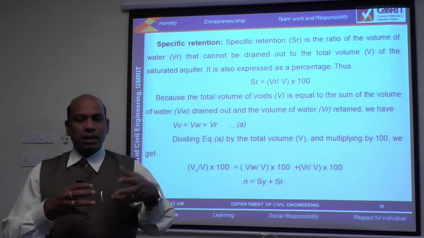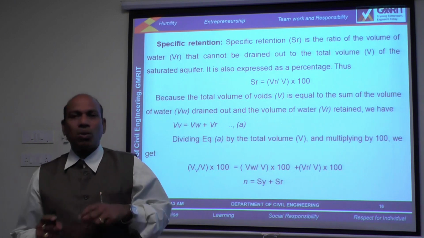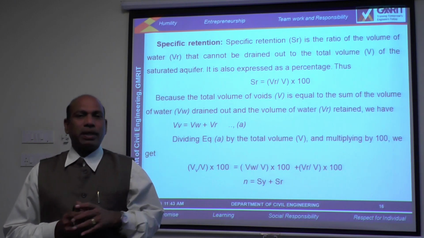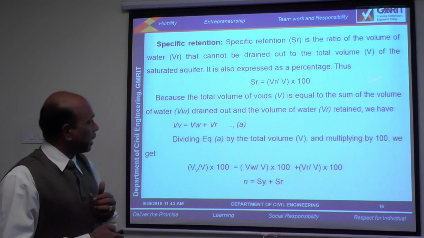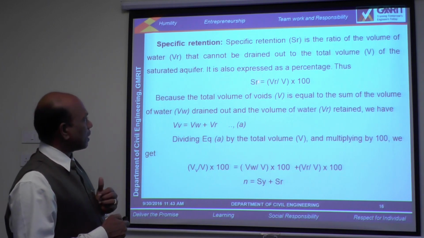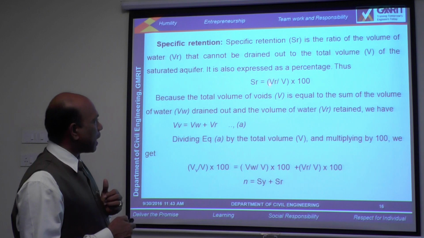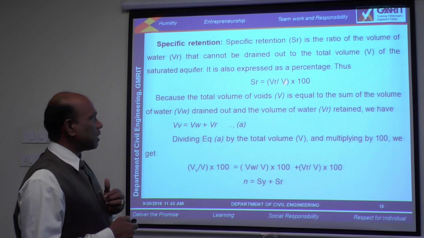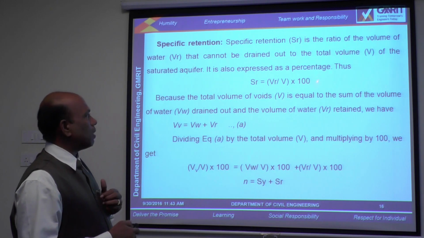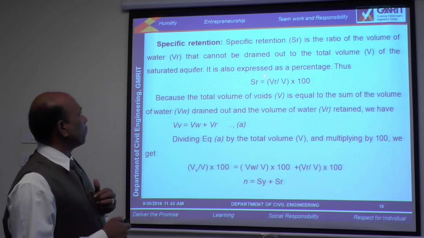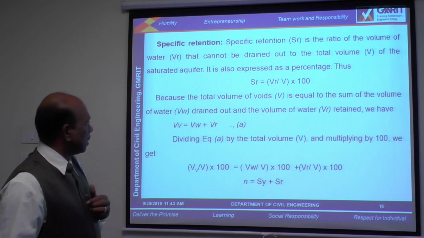That retained water in the soil mass to the total volume is specific retention. This is also expressed as a percentage. Here SR, specific retention, is equal to the volume of water retained in the soil mass, denoted by VR, divided by total volume V, expressed as a percentage. This is the formula for the estimation of specific retention.